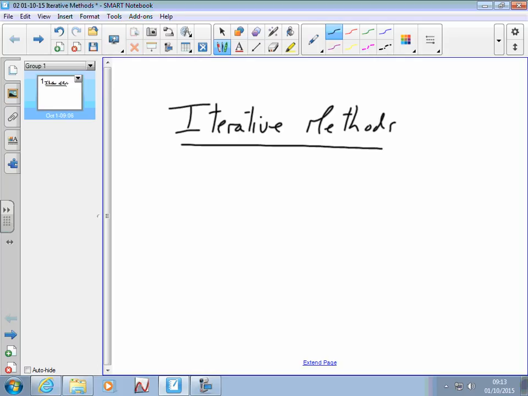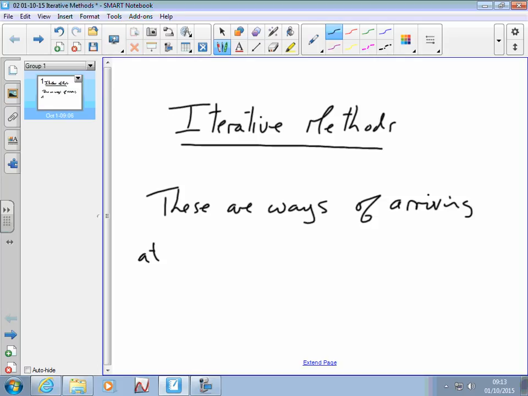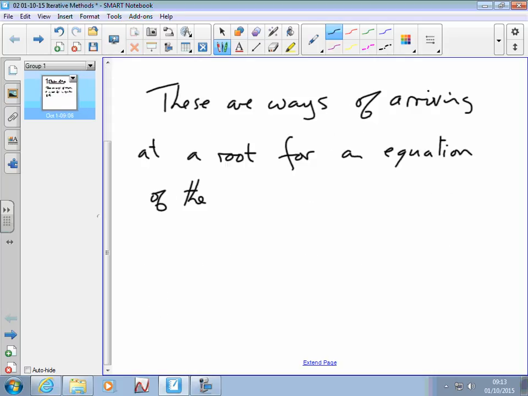And these are ways of arriving at a root for an equation of the form f(x) equals 0. We do this by guessing.